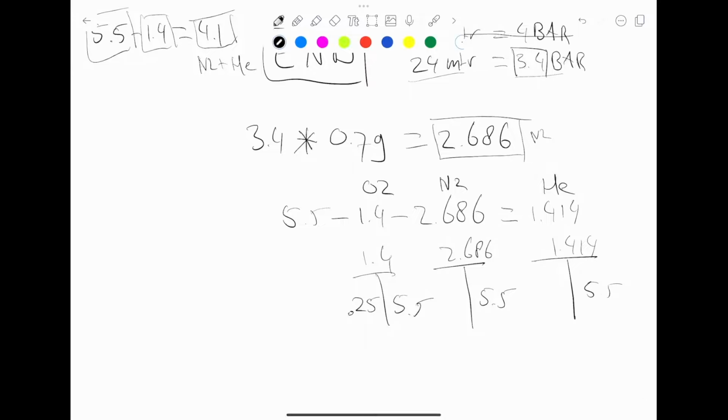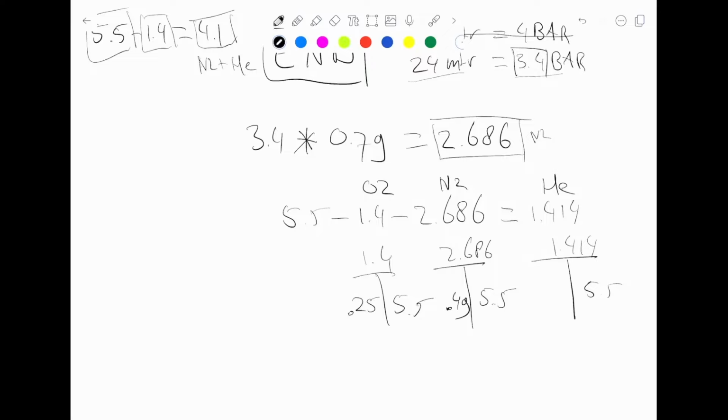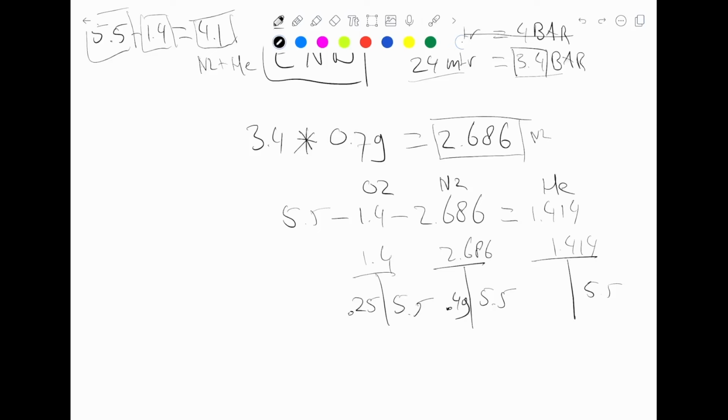Let's do the one for nitrogen. 2.686 divided by 5.5 is 0.488, so we round it up to 49. And then the one for helium: 1.414 divided by 5.5 is 0.25 something, so let's call that 0.26 rounded.